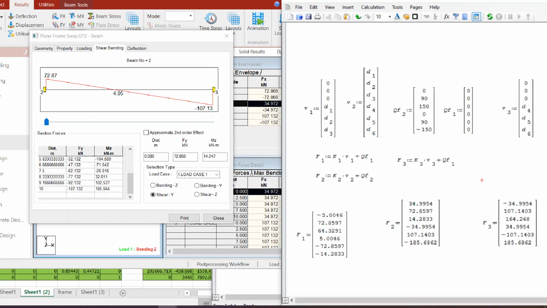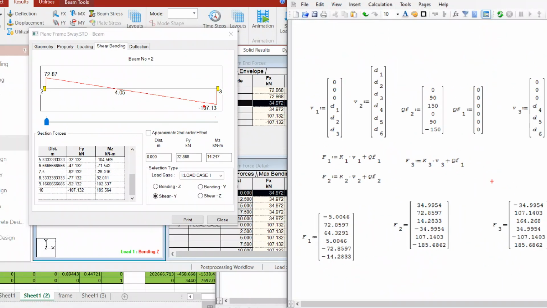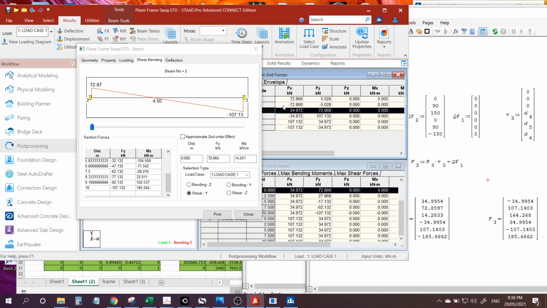We have 72 and 107. The same for the axial, that's the FX, 34.97. So I got 34.99.